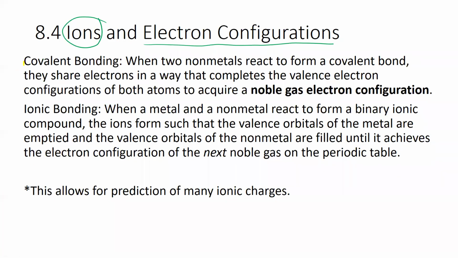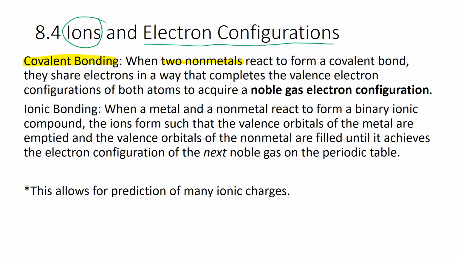If we think about covalent bonding, okay? In a covalent bond, when that bond forms, it's going to form between, as we know, two nonmetals. That's something we've talked about in the past. Two nonmetals react and form a covalent bond. When they do that, they share the electrons, okay?